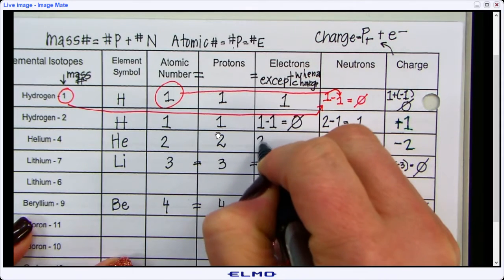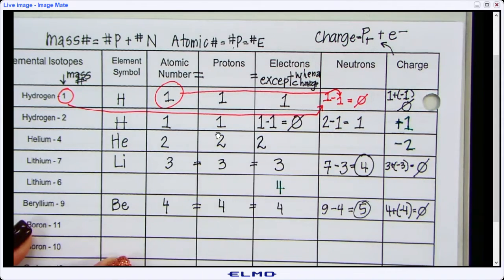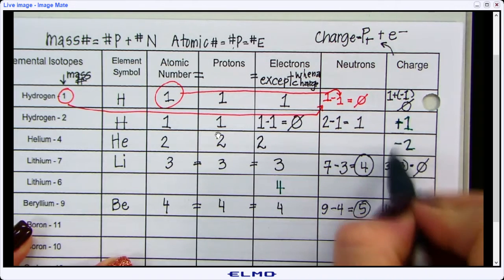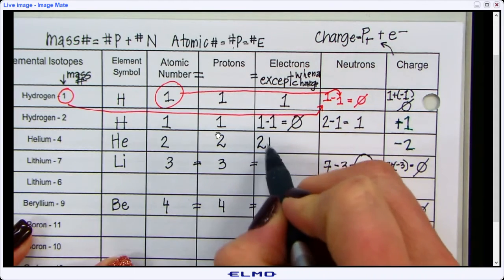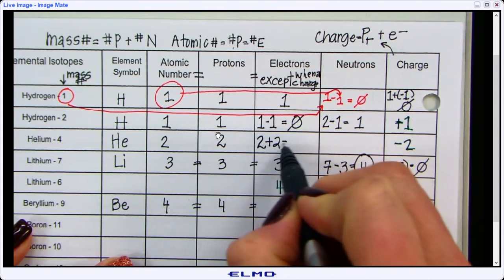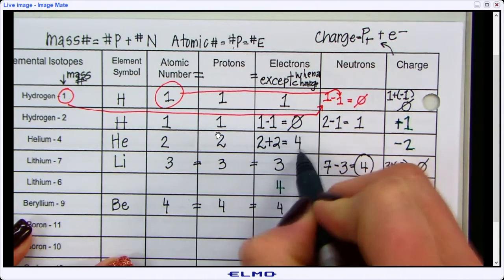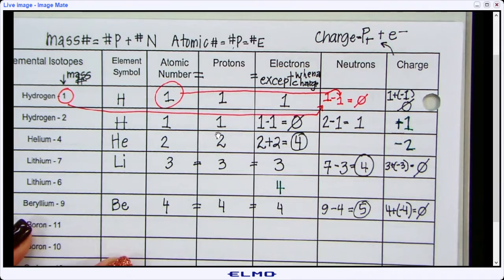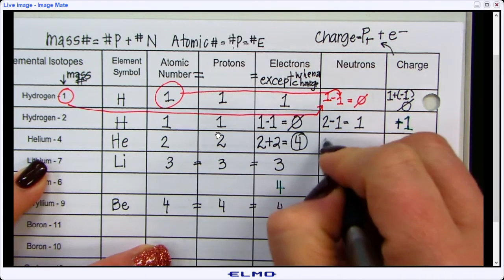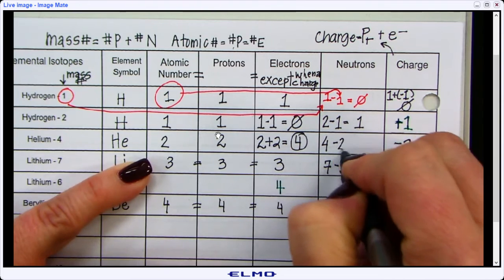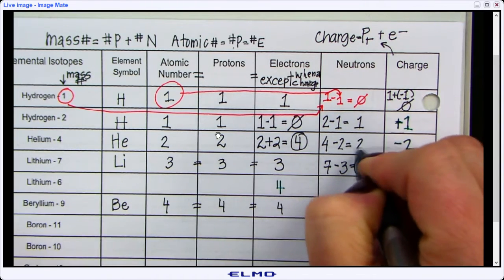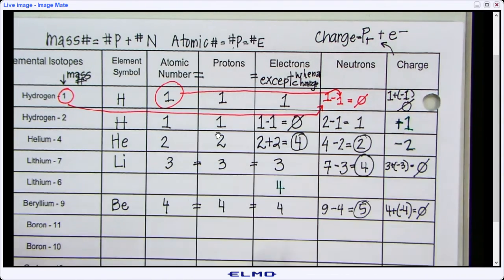I need an overall charge of -2, so I'm going to do the opposite. So I'm going to add 2 here. And that means I need to have 4 electrons. So then I'm going to do my neutrons. 4 minus 2 equals 2. So that's my answer.